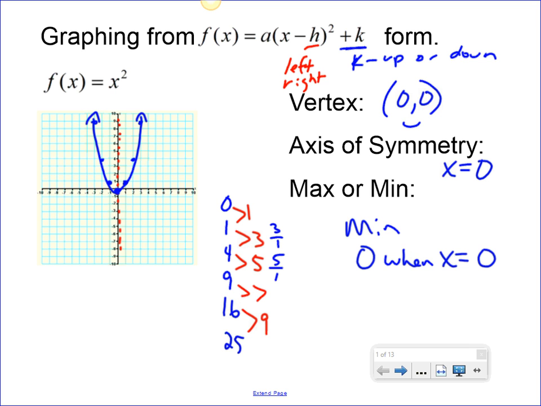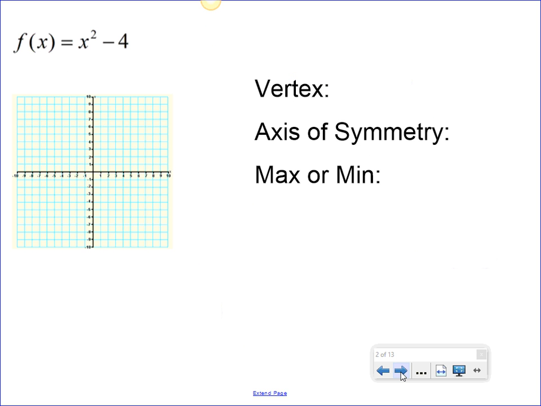So keep that in mind as we work through here. For this one, this minus 4, hopefully we can see that that's a shift down 4. So again, what does that do? It simply moves my vertex down 4.